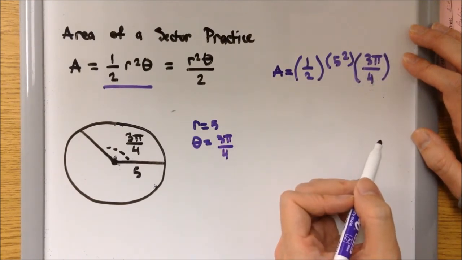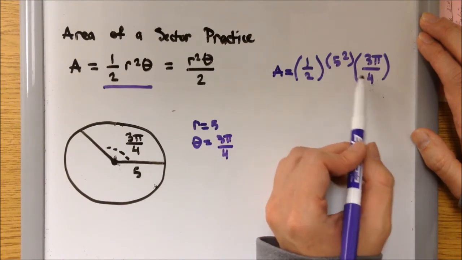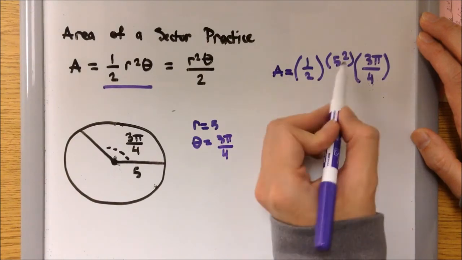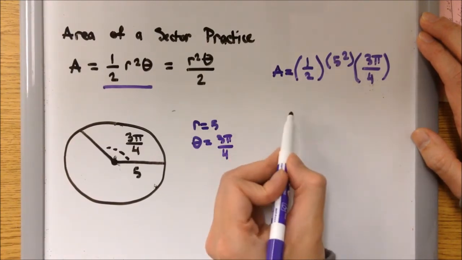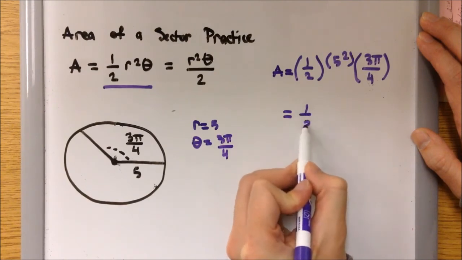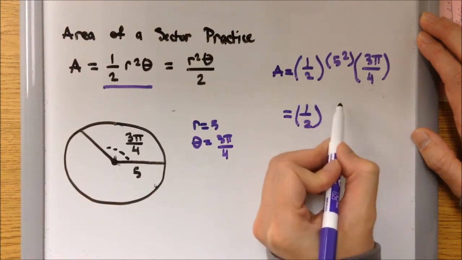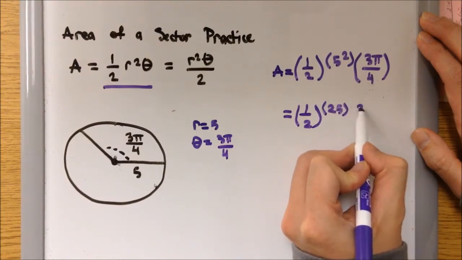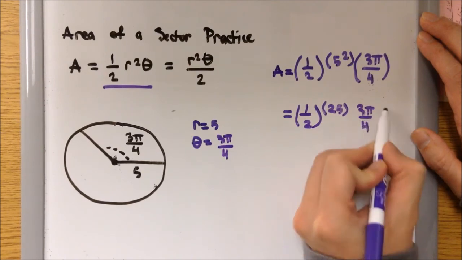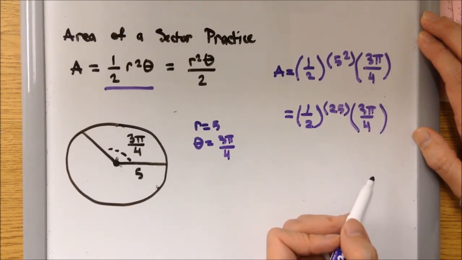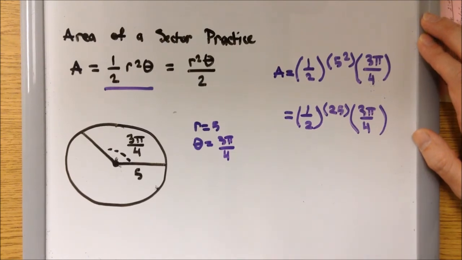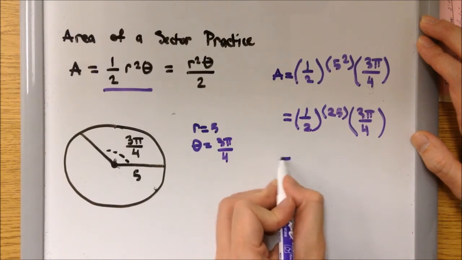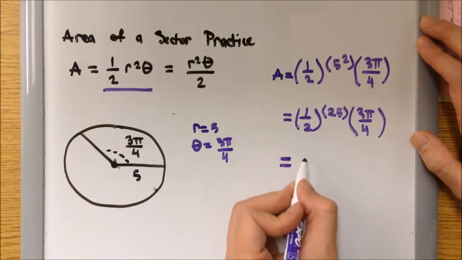Alright, so PEMDAS. Anything inside the parentheses we can work on? Nope. Next is exponents. So 5 squared is 25. So I'm bringing down the 1/2, 5 squared is 25, and then the 3 pi over 4. Next is multiply or divide from left to right. So I'm going to multiply starting from my left. 1/2 times 25.